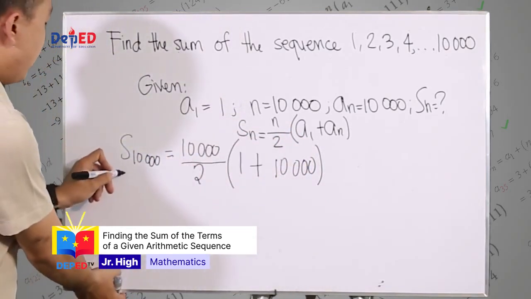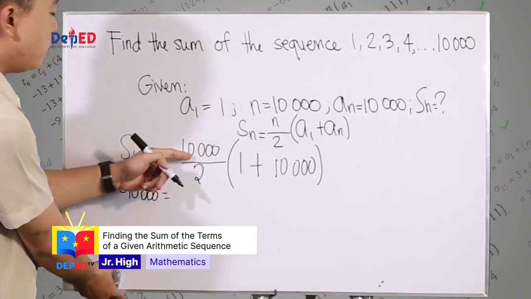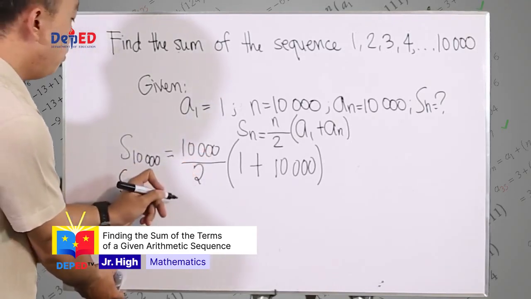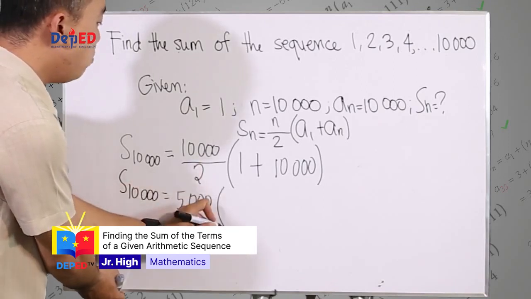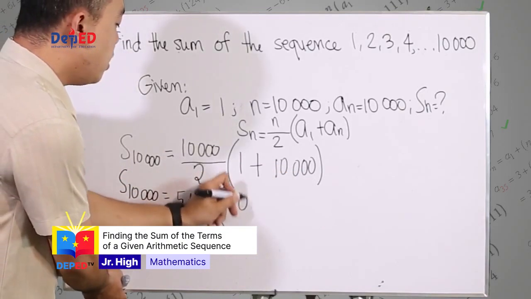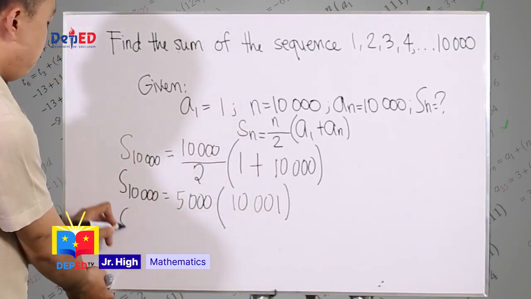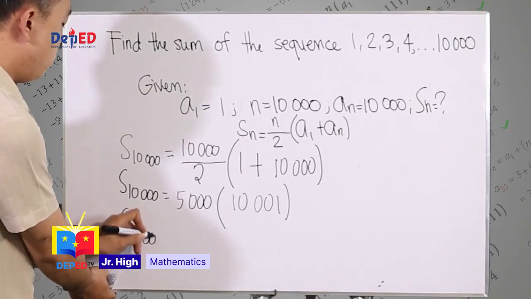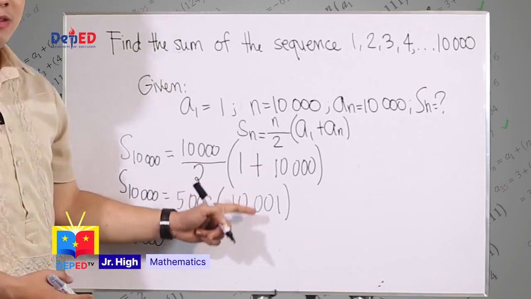Next, we have S sub 10,000 is equal to 10,000 divided by 2 will give us 5,000 times the sum of 1 and 10,000, you will have 10,001. Our S sub 10,000 now is the product of 5,000 and 10,001.